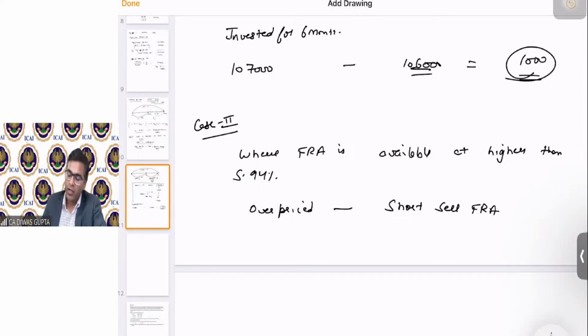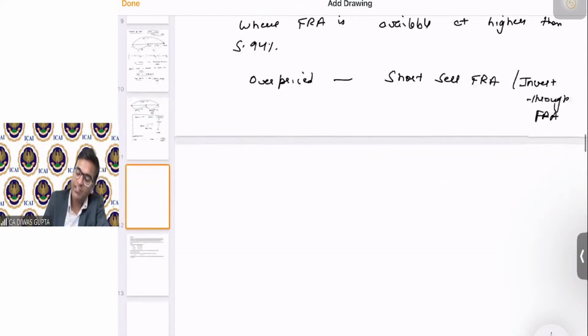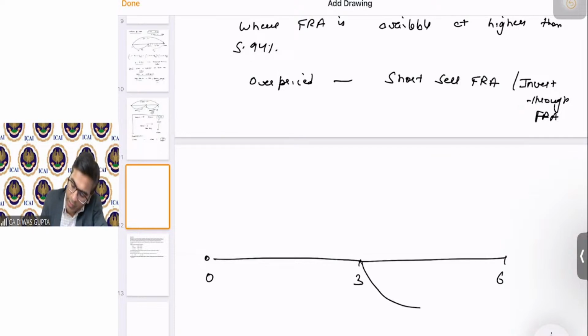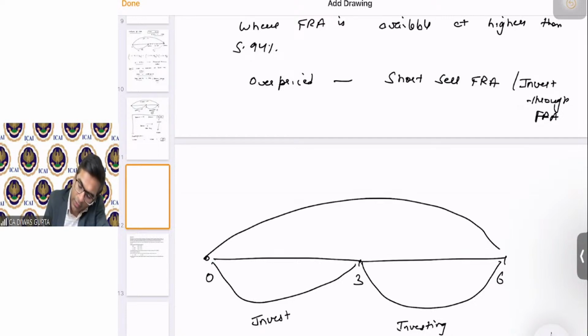While short selling the FRA, that means we have to invest through FRA. Now, if we have to invest through FRA, what will it mean? 0, 3, and 6 months. So here, if we are investing, 0 to 3 months also we have to invest, students, by taking a borrowing of 6 months.